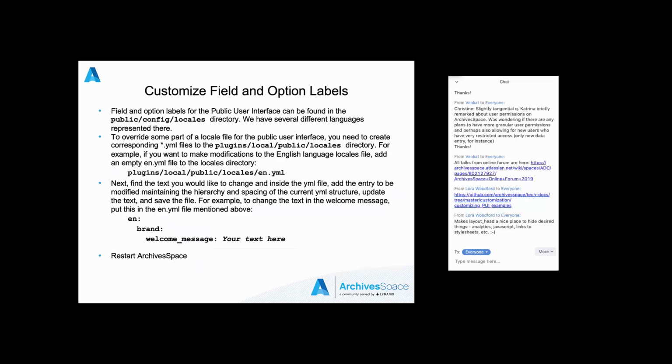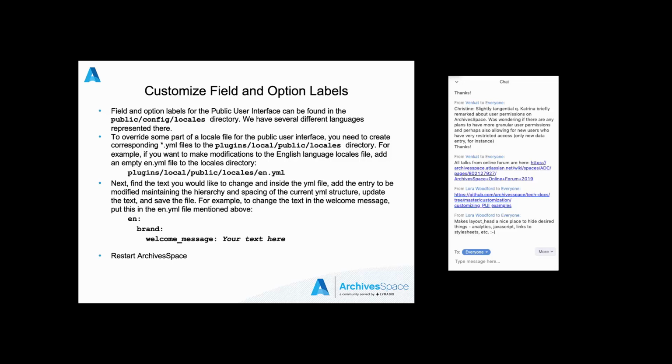Next, I wanted to show you how you could customize field and option labels. The field and option labels for the PUI can be found in the public config locales directory in the core code base. If you go in there and look in the directory, we actually have several different languages represented there. There's English, which is en.yml file, Spanish, which is the ES YAML file, French, which is FR, and Japanese, which is JA.